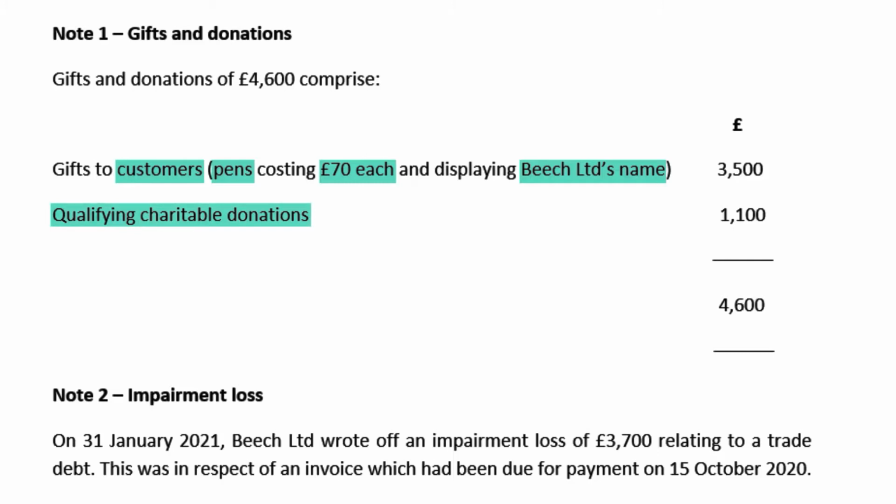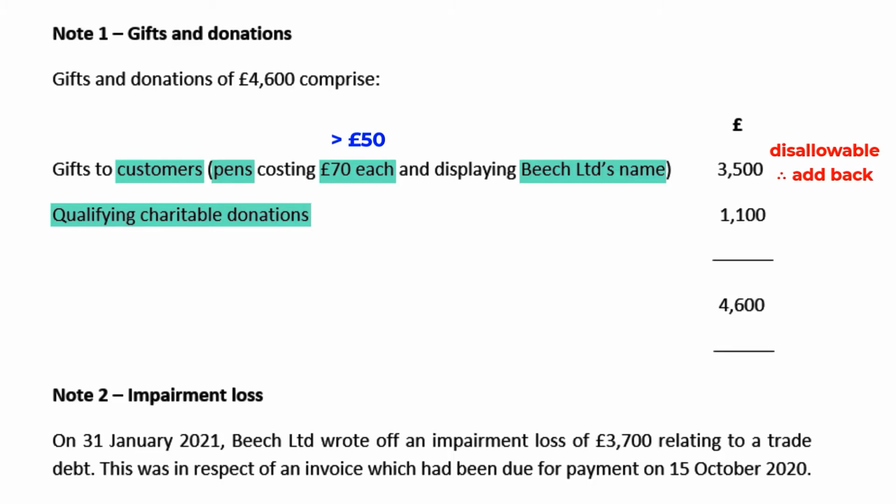Looking at that, gifts to customers are generally disallowed by default, and only allowable if they cost less than £50 per recipient, are not food, drink, tobacco or vouchers for exchangeable goods, and carry some sort of advertising. Now we've got advertising, we've got the pens, it's not food, drink, tobacco, etc. But it costs £70 each. So 3,500 would be an add back, disallowable.